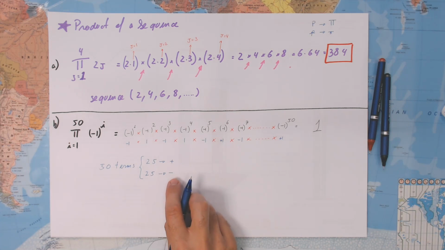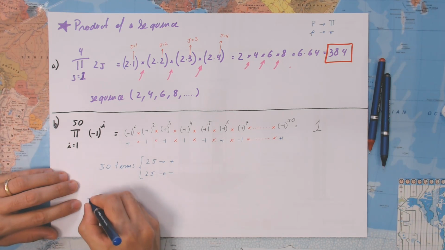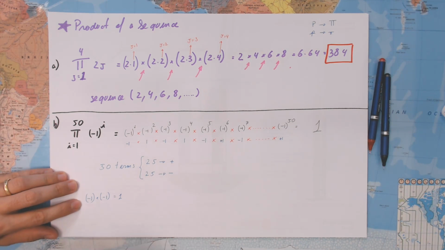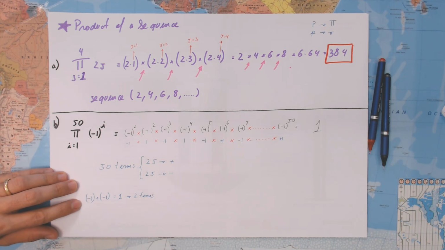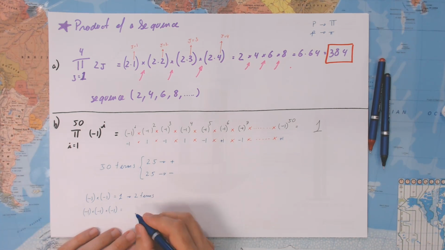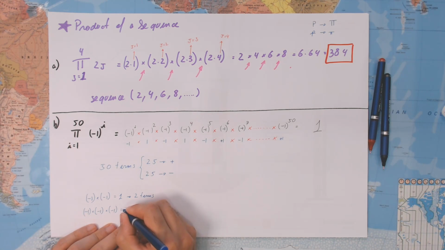Now, whenever we have minus 1 times minus 1, we just have 1, right? So we have 2 terms in here. Now, if we have minus 1 times minus 1 times minus 1, we have 3 terms in here. Oh, this is minus 1, right? I'm sorry. This is minus 1, okay?